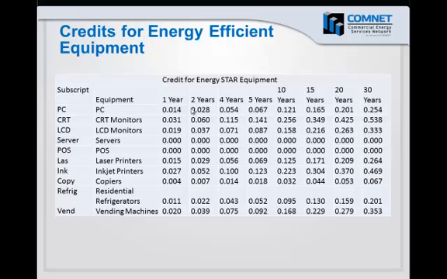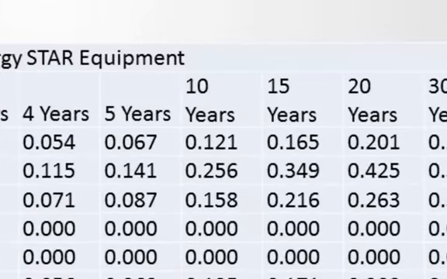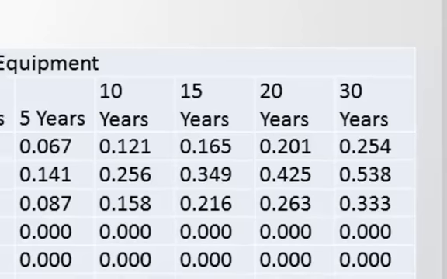So if the building owner is willing to say, yeah, I will buy nothing but Energy Star computers for at least 10 years, then the value would be 0.1. The credit basically would be about 12% power reduction. If he's willing to extend that to 30 years, the credit would be about a 25% power reduction.